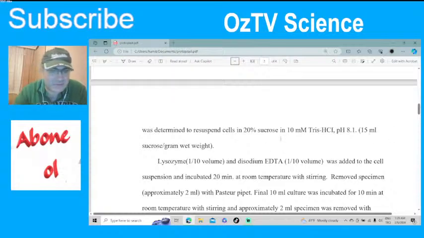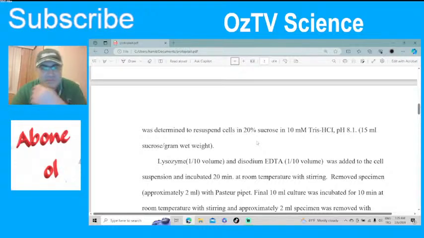We just measured the wet weight of the cells, and then you apply this amount of 20% sucrose to those cells so that they don't burst open.